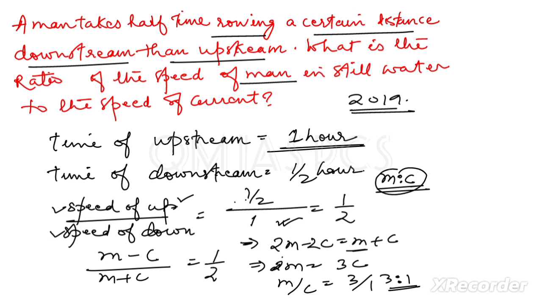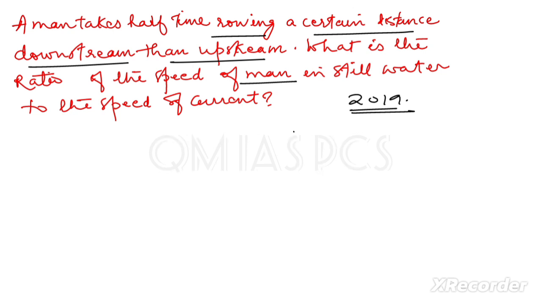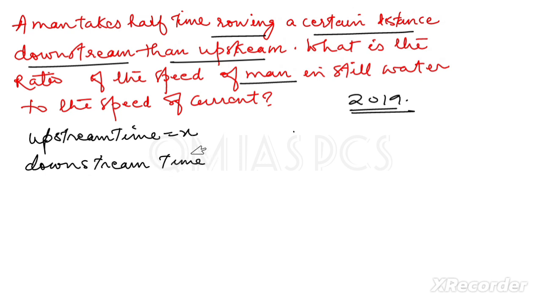I'm solving with another method, considering x and y. Let's see if you are getting that solution or not. Whatever you consider is your choice, but you have to follow the same method. We can consider the upstream time as x, and the downstream time as y.